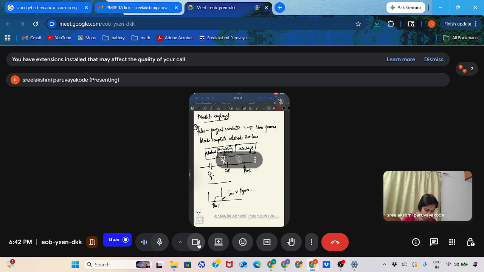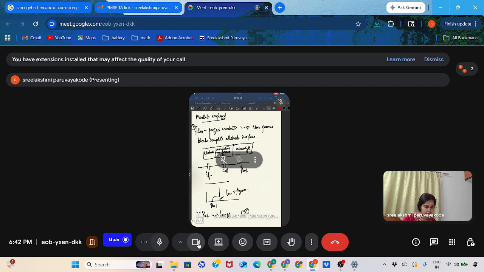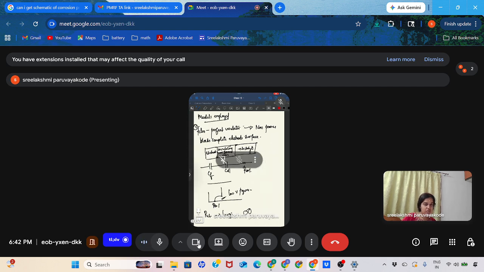In this case, the RCT value is going to be very large. In extreme cases, it can also go to infinity. In case the film was heterogeneous, we can replace the film capacitor by CPE. That is also possible.